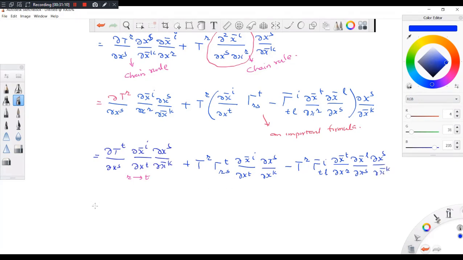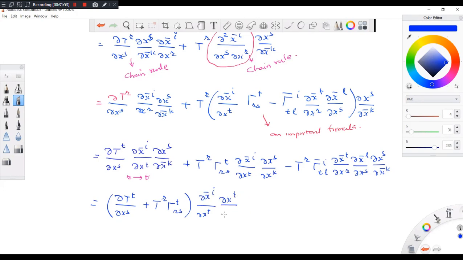Okay, likewise I write. Now this is equal to, taking the common term, del TT by del XS into del x bar I by del XT del XS by, I'm sorry. So I take this common. Okay, so this plus TR gamma TRS, this into what is common, del x bar I by del XT del XT by del XK is common.